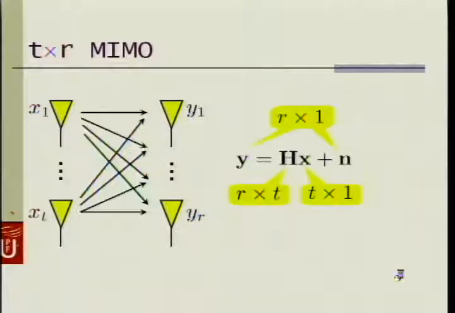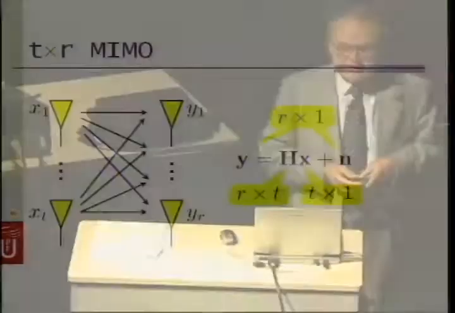So the general version of an input-output relationship for a MIMO system is given by vector y with dimension r, because we assume to have r receive antennas, equal to H, the channel matrix, r times t, we assume to have t transmit antennas, multiplied by the transmitted vector plus noise. Okay, that's the general expression.